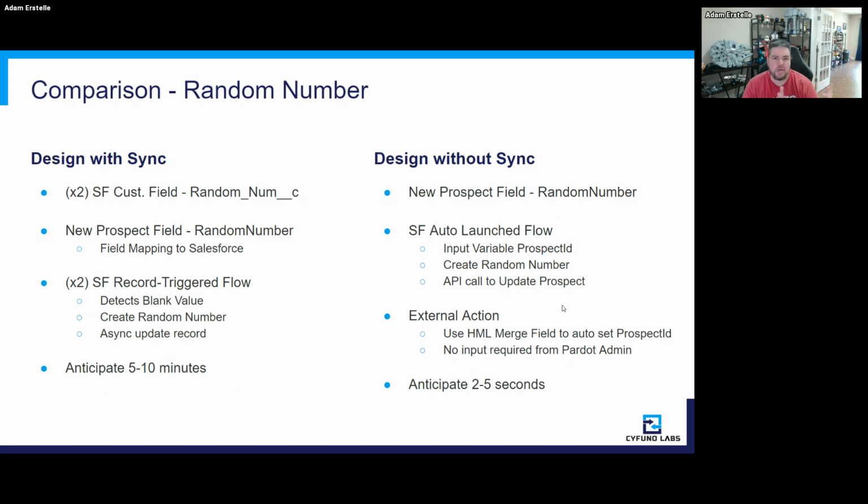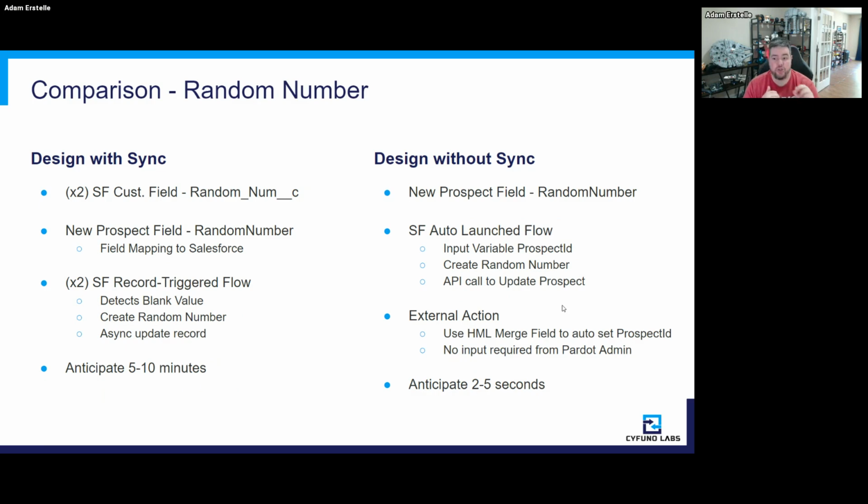Now, the typical design prior to external actions that you would have is you might have your random number field on your prospect. In Salesforce, you'd have two different custom fields for the random number, one on contact, one on lead.